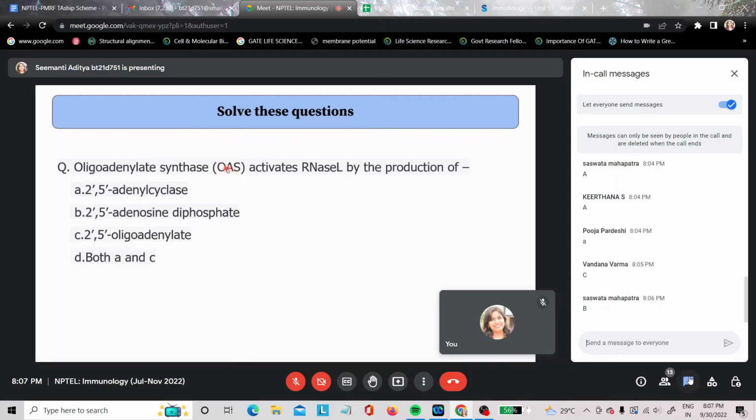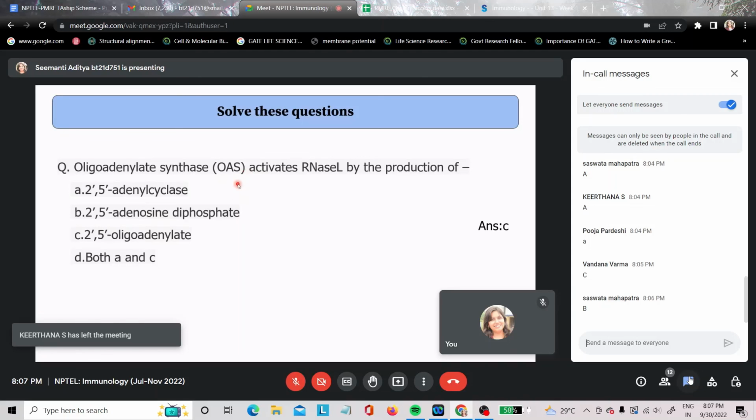So OAS makes a 2 prime to 5 prime phosphodiester bond. So the correct option is the 2 prime to 5 prime phosphodiester linkage between oligoadenylates. Whenever there is a monomeric form of OAS present, it will go and bind to the viral mRNA or the viral DNA or the viral RNA.